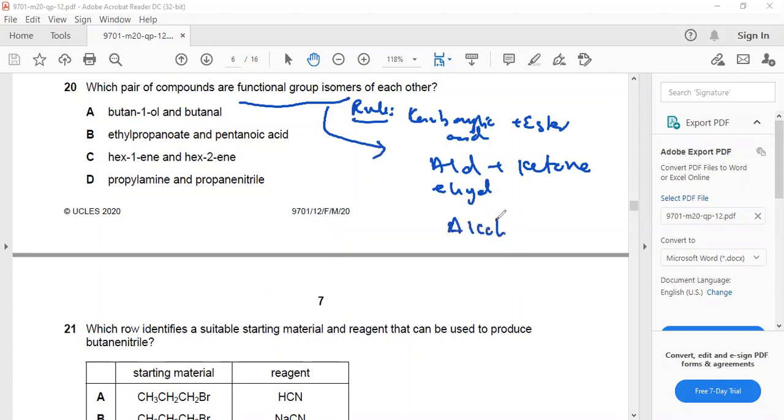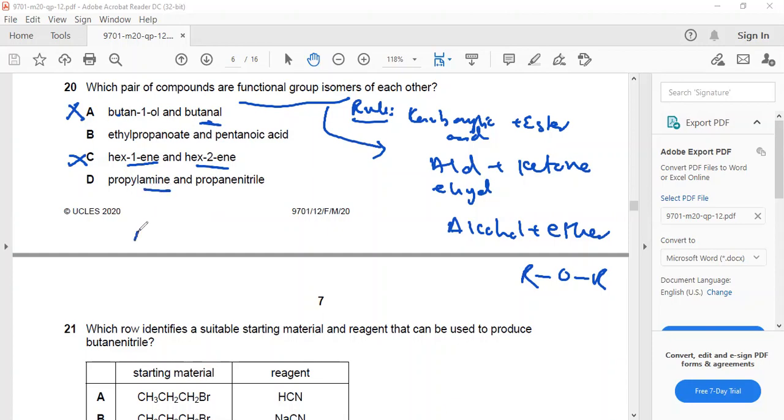Alcohol plus ether. Ether usually we don't teach you, but just remember that oxygen has an alkyl group on both sides. So alcohol and aldehyde are not functional group isomers. Both are alkenes, not functional group isomers, but position isomers.